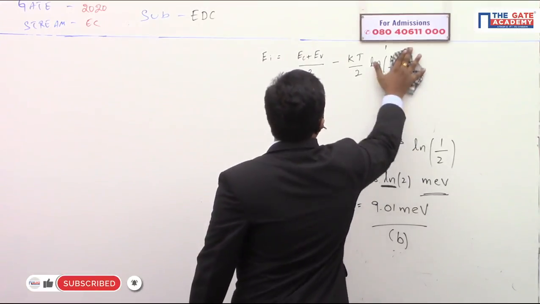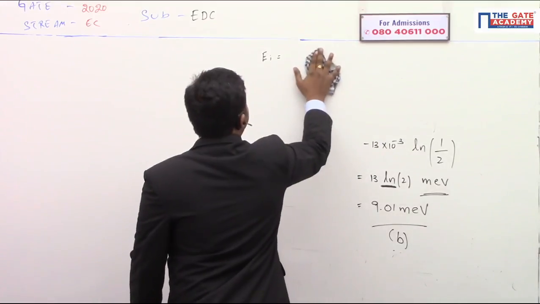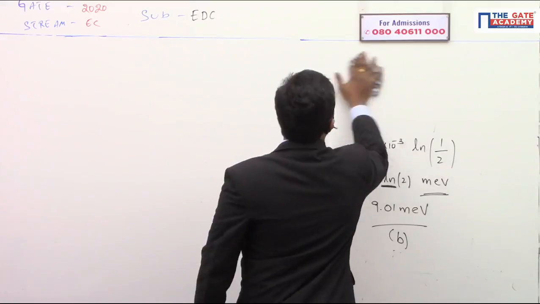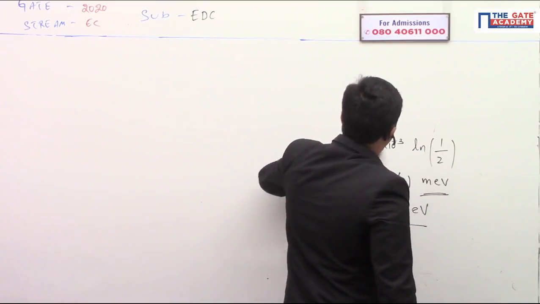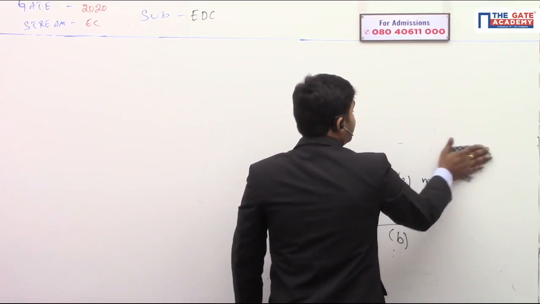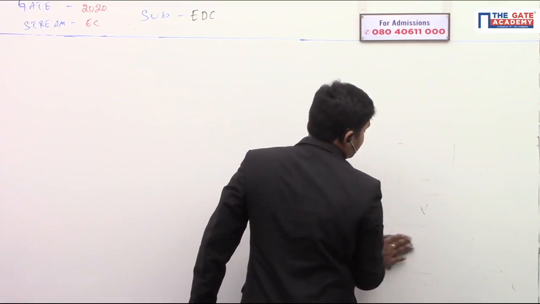So every time we discuss the Fermi energy level, what is Fermi energy level? It is the maximum energy level that an electron can possess at T equal to 0 Kelvin. Or, after the concept of the Fermi Dirac function, we can also represent Fermi energy level as the energy level which has a probability of 50% occupancy of an electron.